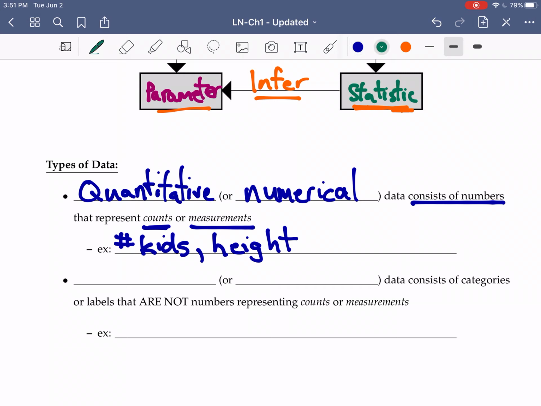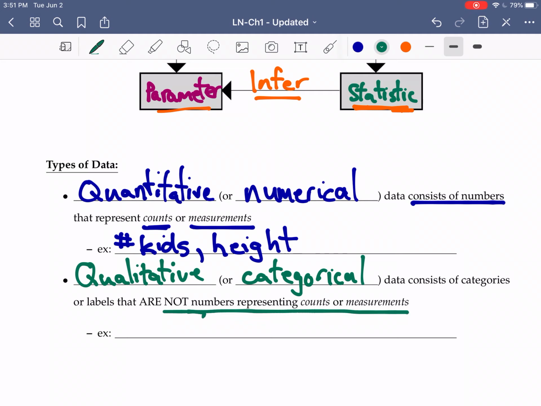The other type of data that we look at is qualitative. Qualitative is also called categorical. Here you have data that consists of categories or labels that are not numbers representing counts or measurements.